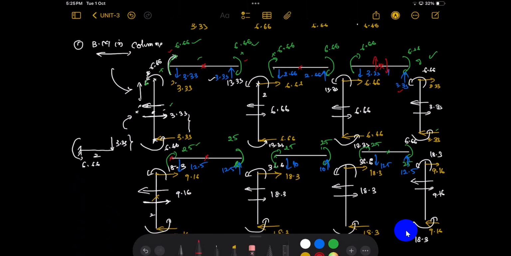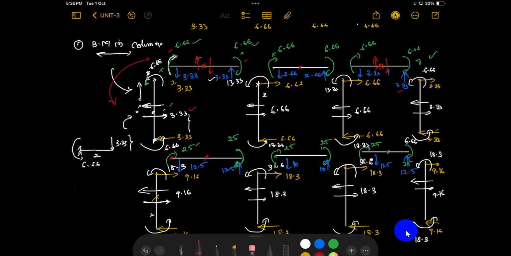Similar to the column, you can draw it as 3.33, 3.33. It's exactly symmetric. If you observe these two, symmetry means the procedure is the same.